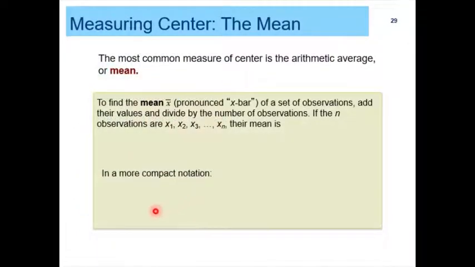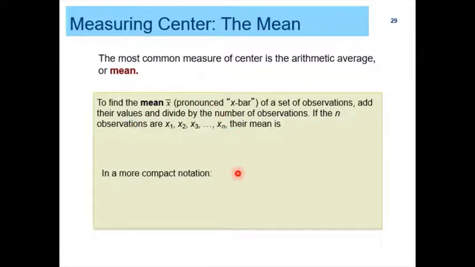So when we say measuring center, that is a mean, and I think most people understand the mean or the average, but we will understand it here. The most common measure of center is the arithmetic average, that is the mean, and we normally represent it as x bar. To find the mean of a set of observations, add their values and divide by the number of observations.